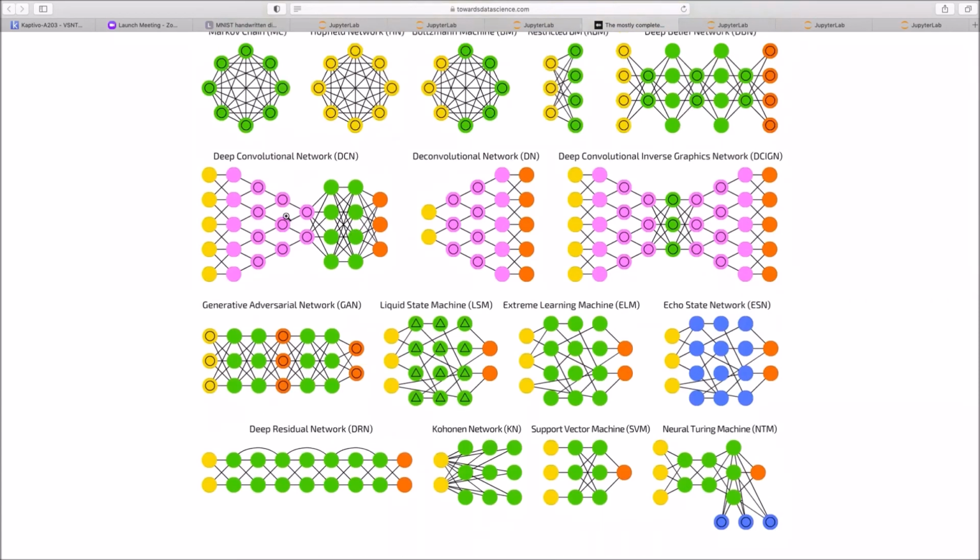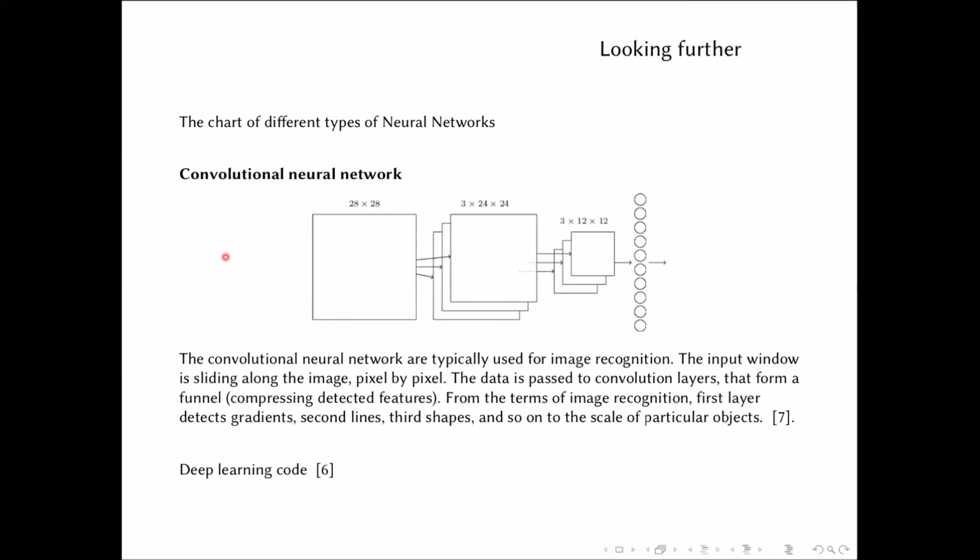But here I want to mention the deep convolutional neural network, because in the textbook the author also introduced this idea, and I think it's kind of important. It's also a hot topic right now, and I just want to show that. For the convolutional neural networks, instead of inputting the image's grayscale values in one column, we input a window that slides around the image, pixel by pixel.